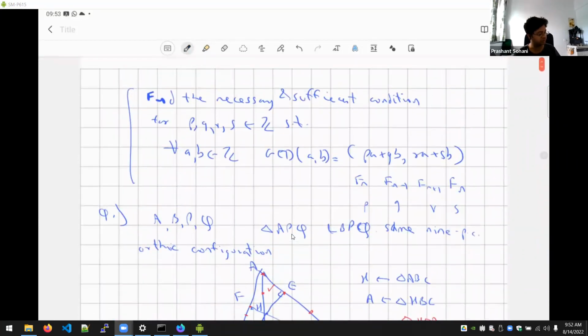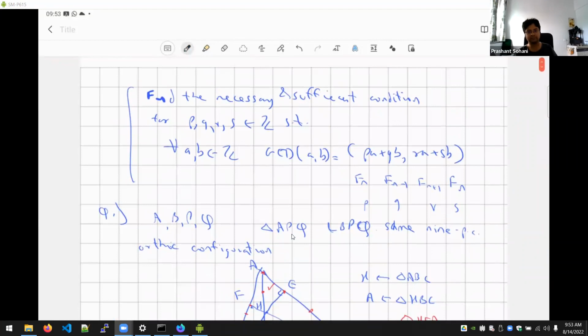Okay, so coming back to the original question: find the necessary and sufficient condition. What should this PQRS be such that this is a two-way street? And importantly, for all integers a and b, this should happen.